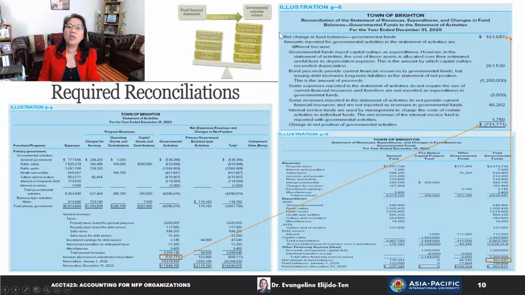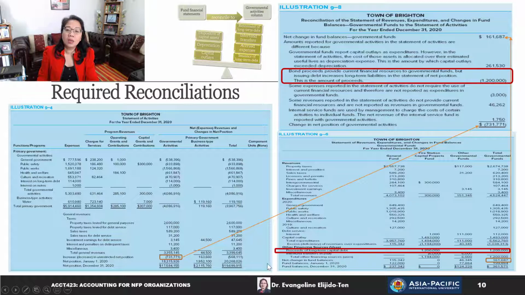All right. Now, many of the reconciling items cannot be easily found in these financial statements. The only one that you could kind of spot out quickly is the proceeds of long-term capital debt, because it is shown as other financing sources in the governmental funds statement, but all the other reconciling items must be provided as additional information.